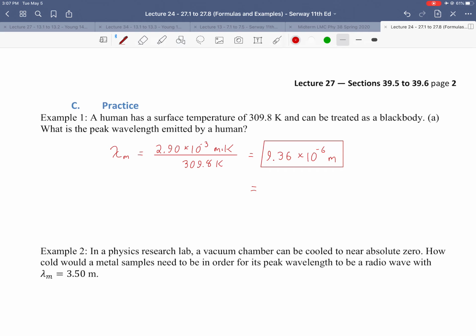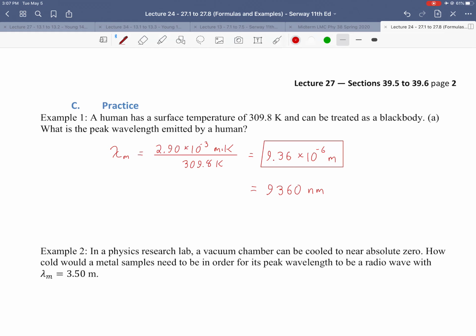We can convert that to nanometers to compare it to visible light. It ends up being 9,360 nanometers. This is very good, especially as we're moving in, talking more about light, whether it's the light involved in Compton scattering or the light involved between energy levels of atoms in the next chapter.